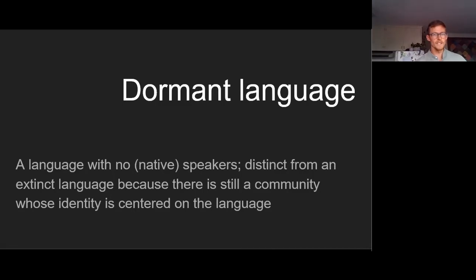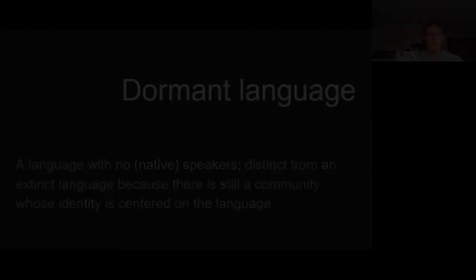Whereas if you have a truly extinct language, who's going to be motivated to revitalize that language, right? So that's the reason that we make this distinction, right? A dormant language has no speakers, but is associated with an existing ethnic group or some community. They associate with the language in some way, and that means that it is more likely than a truly extinct language to be revitalized at some point.